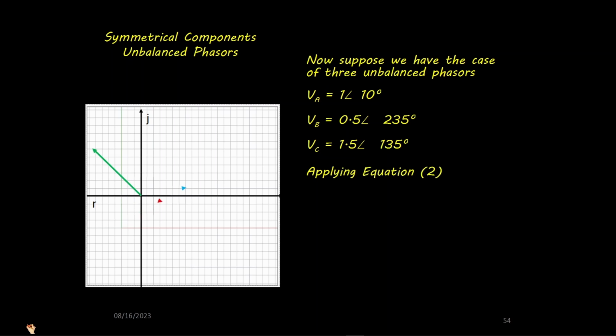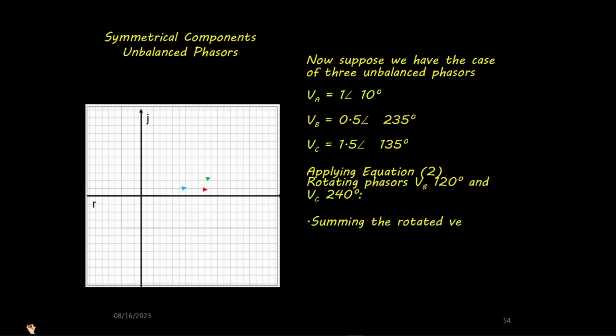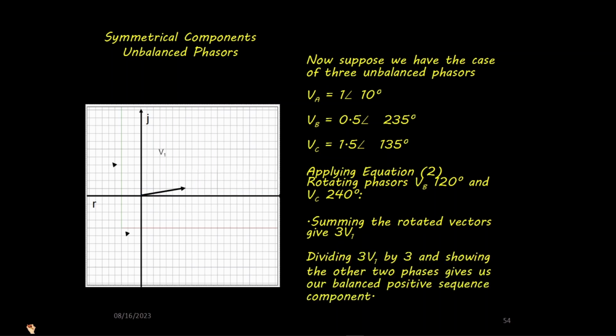Applying equation 2, that rotates phasors VB by 120 degrees and VC by 240 degrees. Summing the rotated vectors gives 3V1. Dividing 3V1 by 3 and showing the other two phases gives us our balanced positive sequence component.